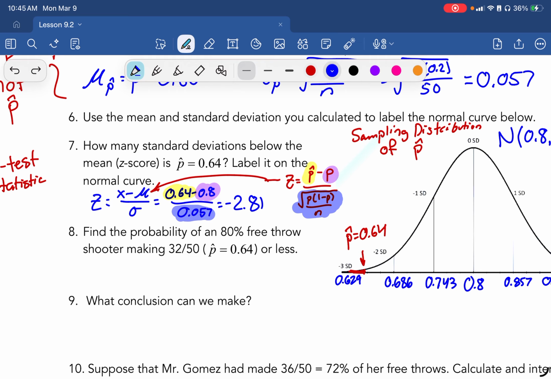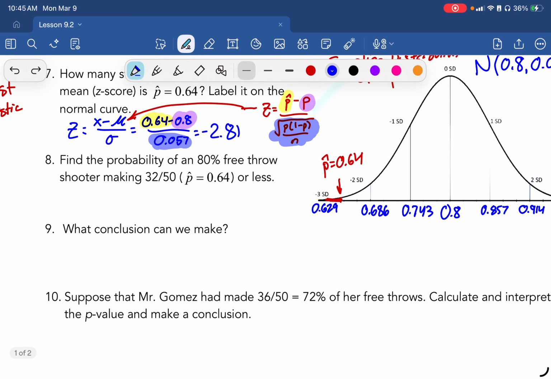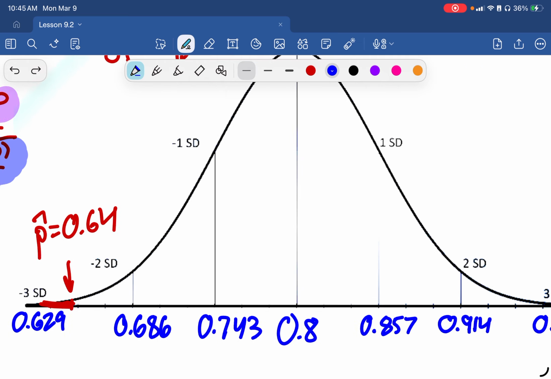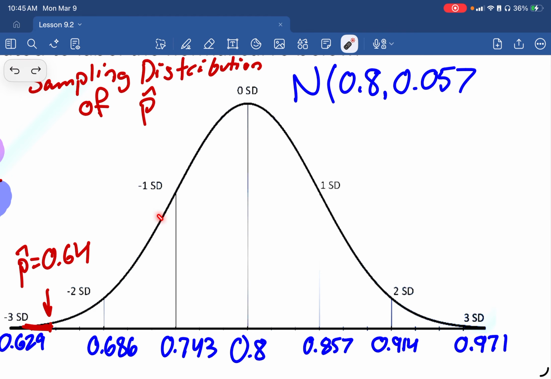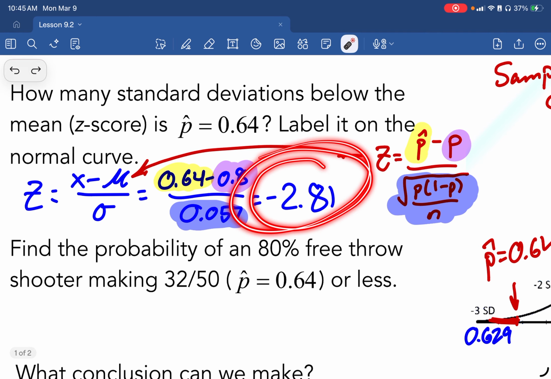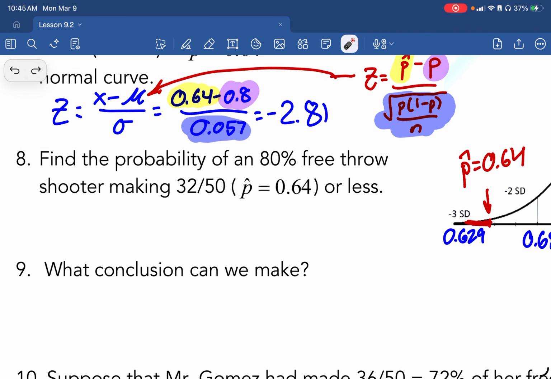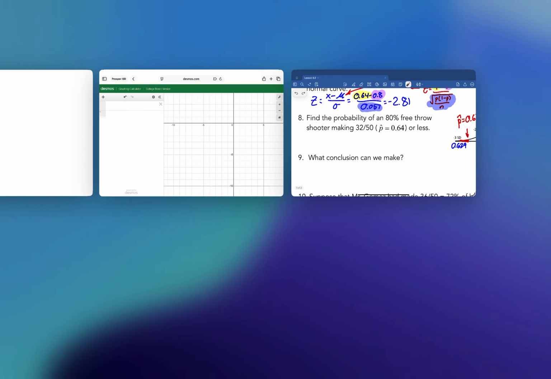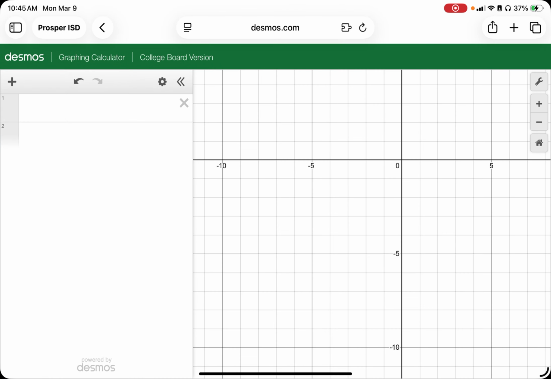Okay, so now let's do some of the scary stuff. Find the probability of an 80% free throw shooter making 32 out of 50, which is our p hat of 0.64 or less. We've already drawn that. Now we just got to use Desmos. In fact, we could also just use table A and it could help us get there. But let's go have some fun and use Desmos. Okay?